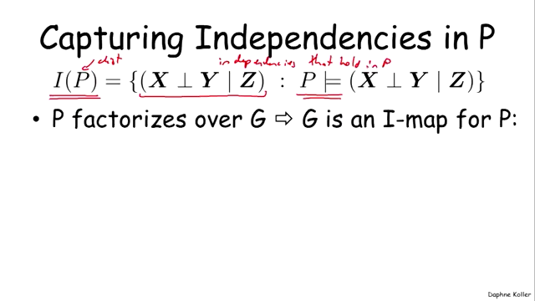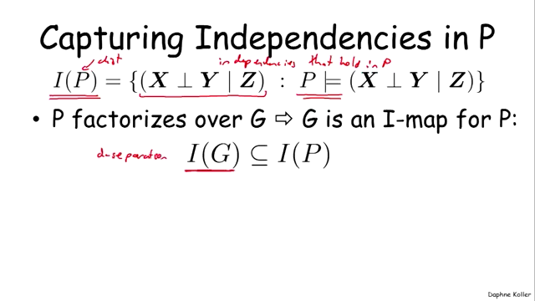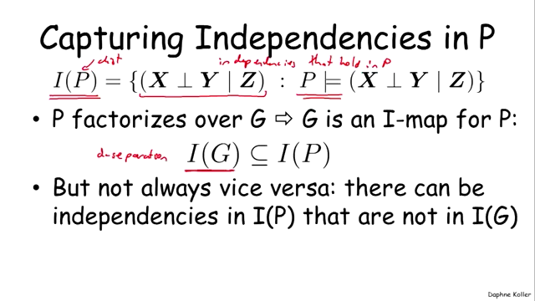And we've already seen that if P factorizes over a particular graph G, then G is an I-map for P, which means that every independence that holds in G, that is implied by the d-separation properties in G, every such independence also holds in P. But that doesn't mean that the converse holds.